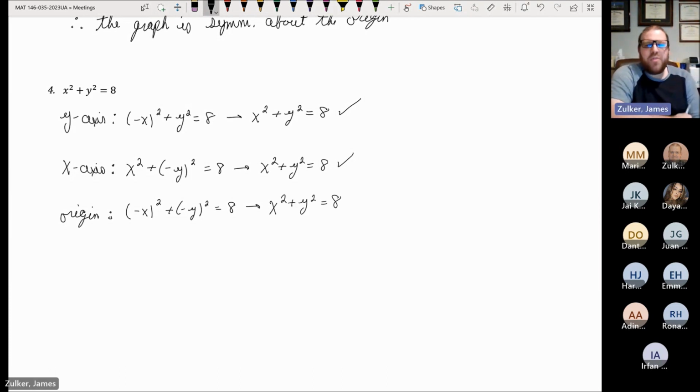We're replacing both x and y with negative x and negative y. We see we get the same. So this has all three types of symmetries, which if you know what type of relation this is, you know you should have gotten this result. Right? X squared plus y squared equals 8 is a circle of radius root 8 centered at the origin.